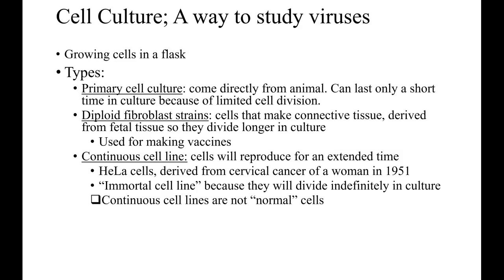They don't go through the normal checkpoints that a cell would, and so they just keep dividing and dividing. There are many different types of continuous cell lines. I mentioned when I first started in pharmaceuticals, I had to get the Hep B vaccine because we were working with a cell line. It happened to be a cancer cell line. And so they recommended that anybody working with that cell line get the appropriate vaccinations.